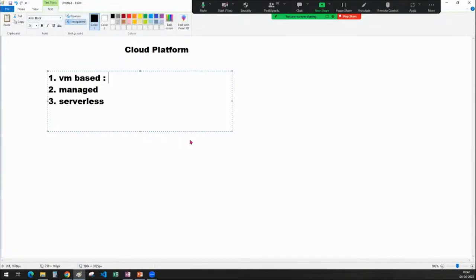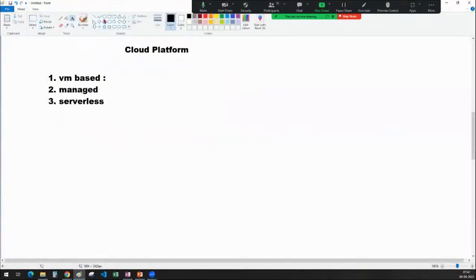In VM based services, for example, look at your laptop. In your laptop, if you want to work with any Python coding, or if you want to develop one application, what do you do, sir? You manually download software like Python, you provide some resources to it, and you install it, and after that you go for the application development. Whatever the requirements, resources, and infrastructure required for your entire application development, you as a person take care of it, from the laptop itself.